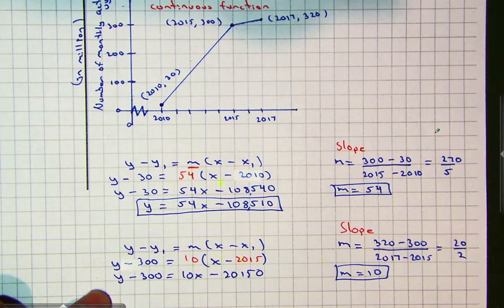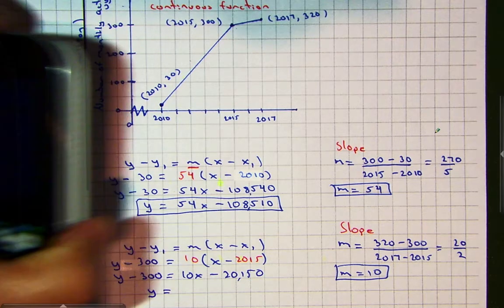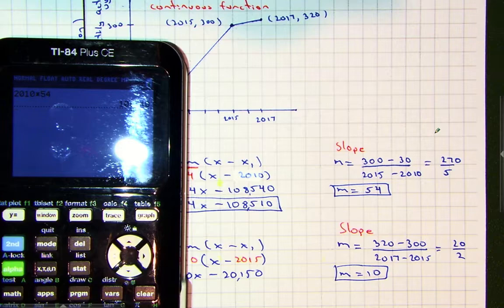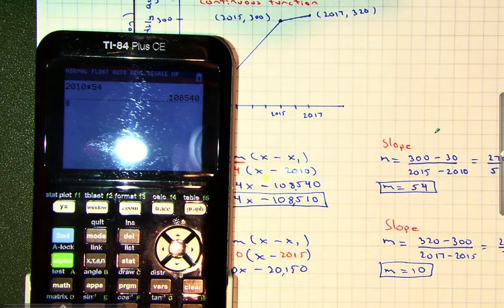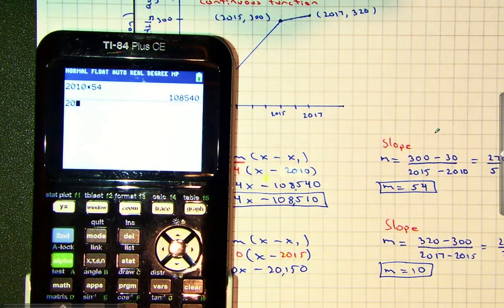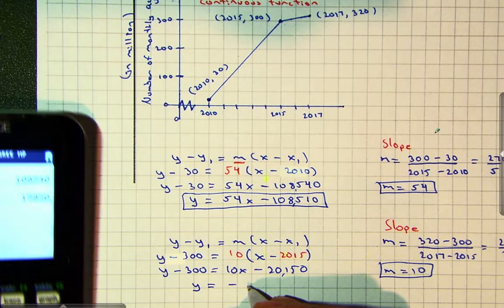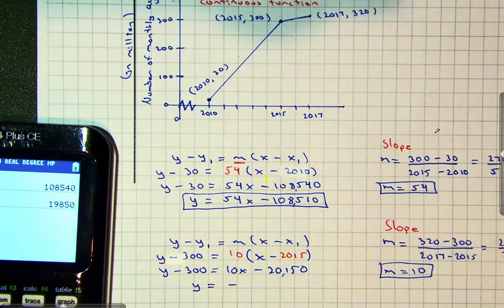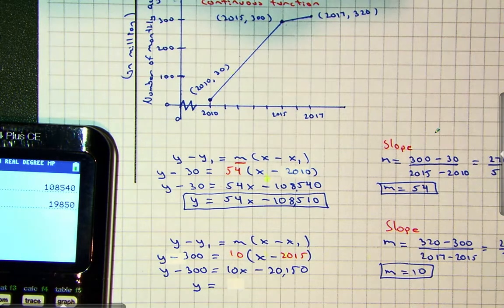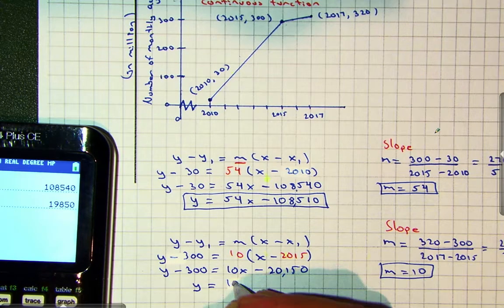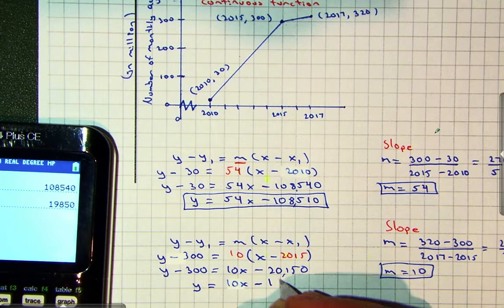Add 300 on both sides. So y equals, let me just do this, should be 19,850. Let me confirm. So it'll be 10x minus 19,850. So that's the equation.